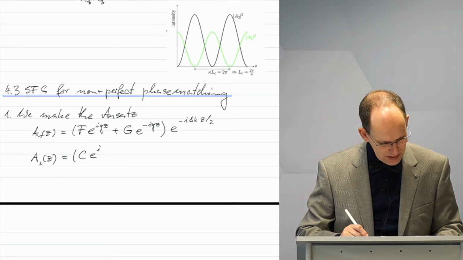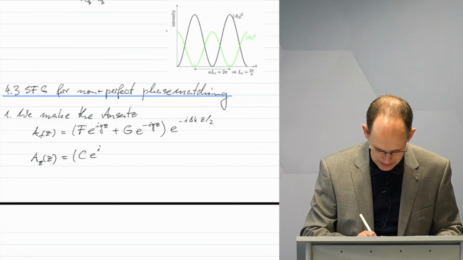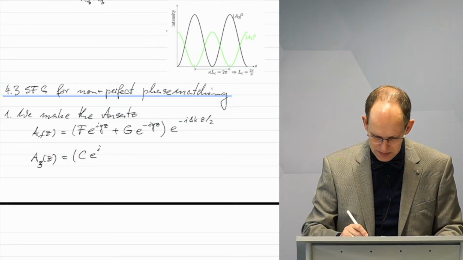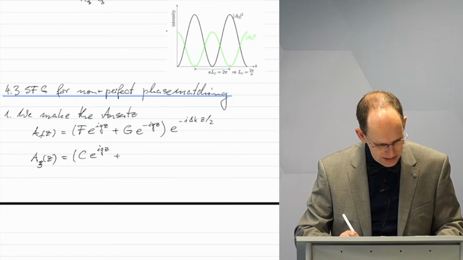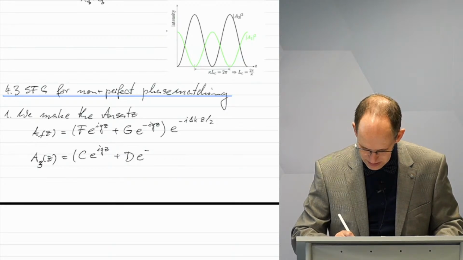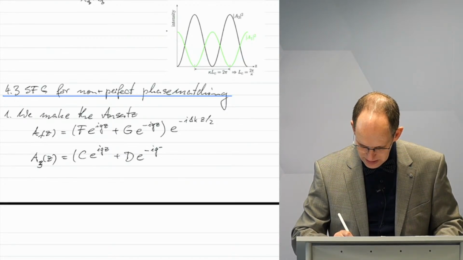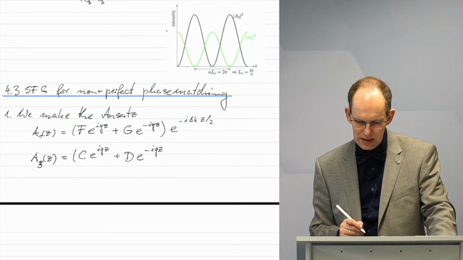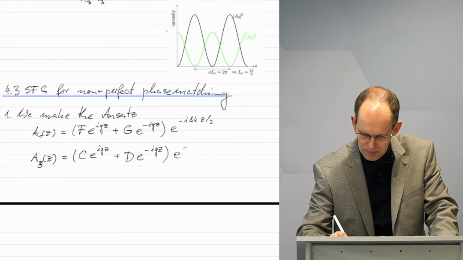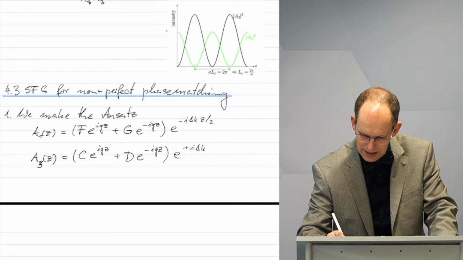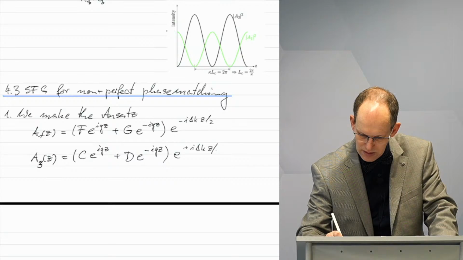For A3, it would be C times e to the i g z plus D times the same thing with minus, e to the minus i g z, and e to the plus i delta k z over 2.